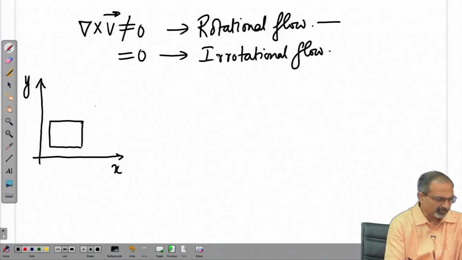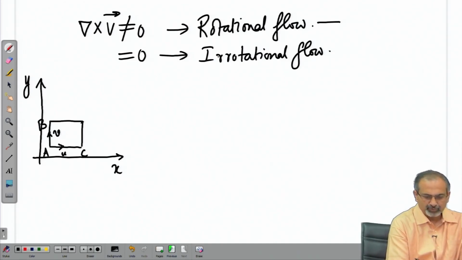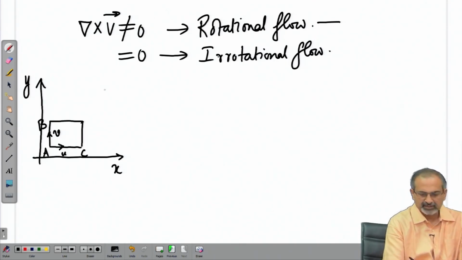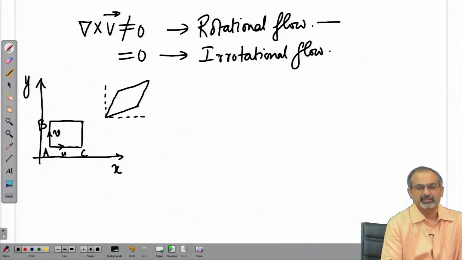We looked at the problem in the xy plane, and we originally defined a rectangular fluid element like this, the 3 corners of which are marked A, B, C. Then we look at the same fluid element after a short time, and we find it like this at a different location based on the u, v velocity components which exist at that point of time and at that location.